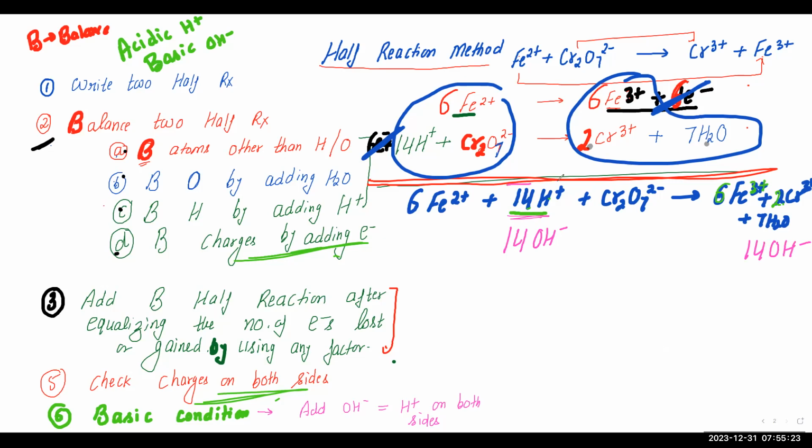But this 14 H plus and 14 OH minus will combine, H plus and OH minus, to give H2O. So this is 14H2O. So now let's write down the changed equation, where the H plus and OH minus on one side has become water.